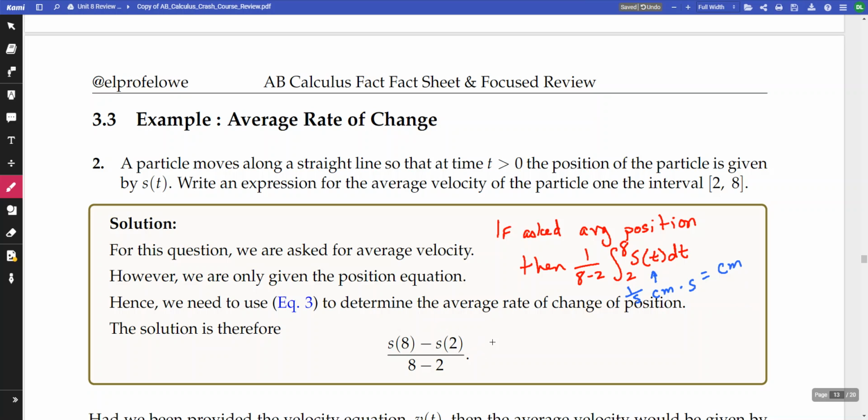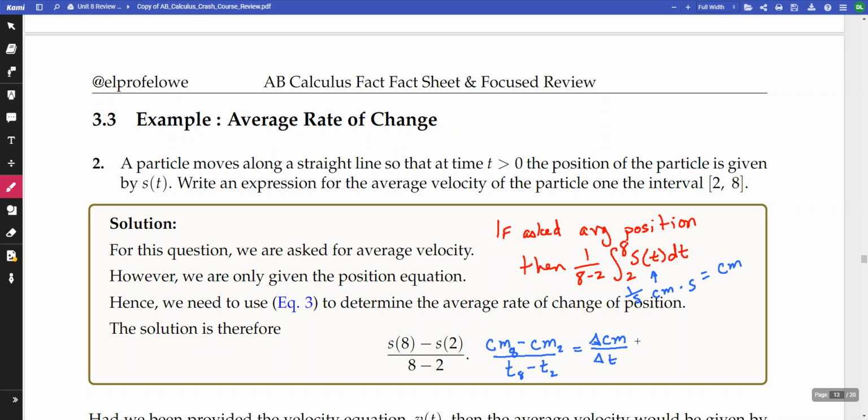Whereas down here, we would be saying, hey, here is centimeters minus centimeters. In other words, centimeters at 8 and centimeters at 2, and then time at 8 and time at 2, which really is just the change in centimeters all over the change in time.